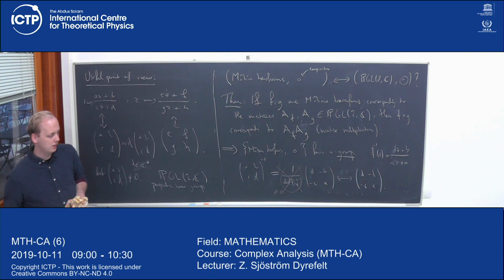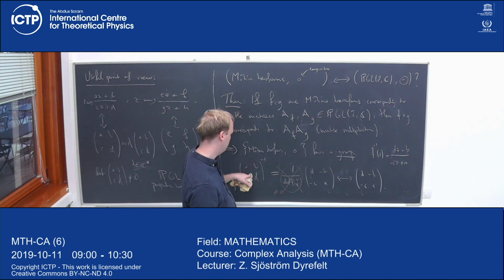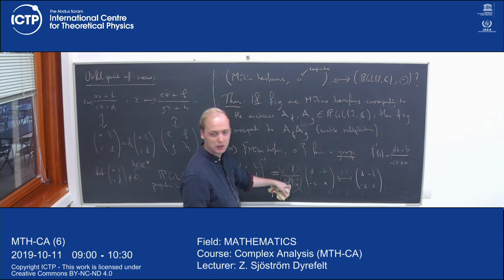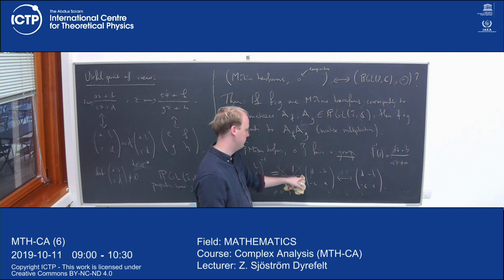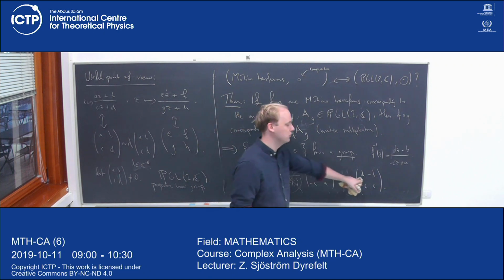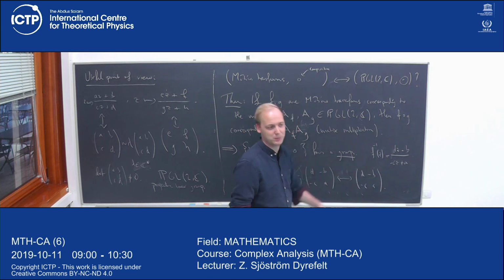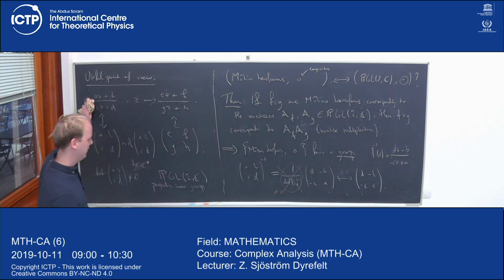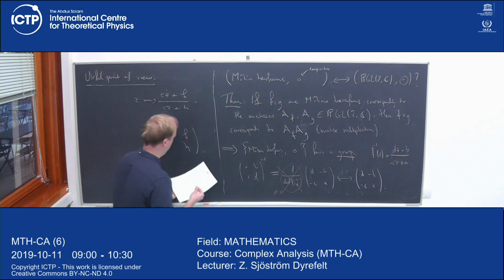I'm not saying that as matrices the inverse is equal to this, but as Möbius transforms, we have identified everything up to a constant. So as Möbius transforms, this one is equal to this one, or 2 times this one, or i times this one, or whatever you want. You can also multiply by complex numbers. Okay, any questions so far about this?